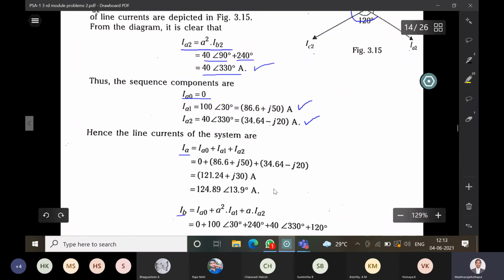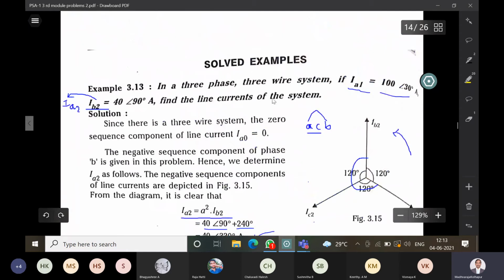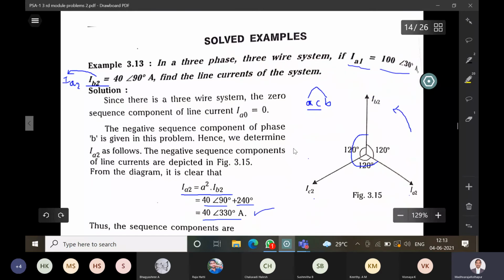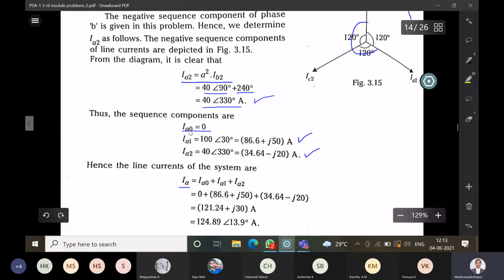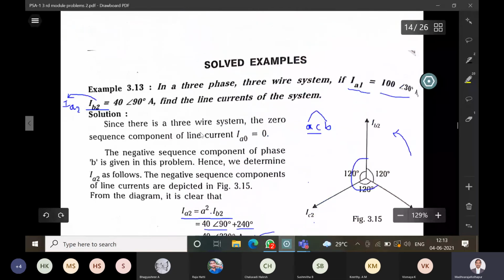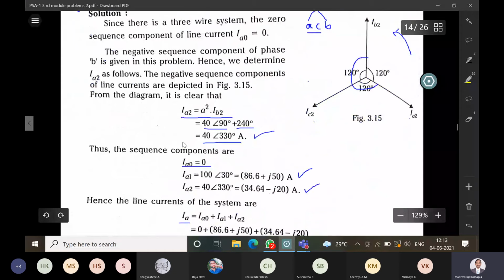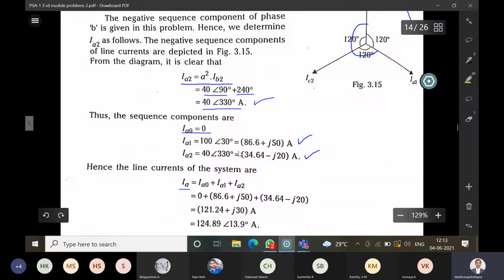So look at the problem. Suppose he has given IA1, IA2 in terms of symmetrical components, you need to calculate the line currents or phase currents. Suppose the values are given in line current or phase current, you need to calculate the symmetrical components. So vice versa.